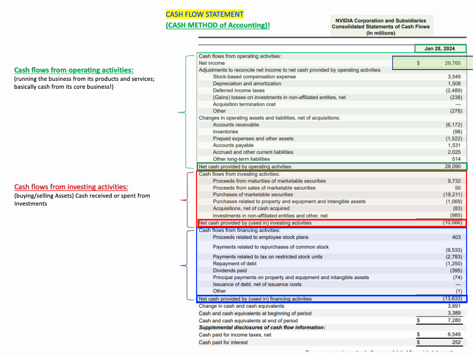The next section is cash flow from investment activities. So this is buying and selling assets, cash received or spent from investments. Then cash flow from financing, so debt, equity, dividends, raising, borrowing, and repaying capital. An example, new shares issued or dividends paid out or a bank debt paid out.